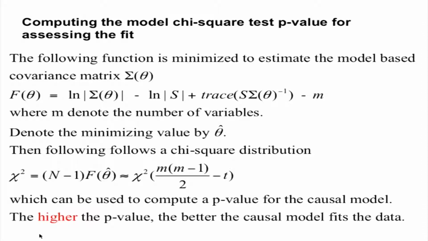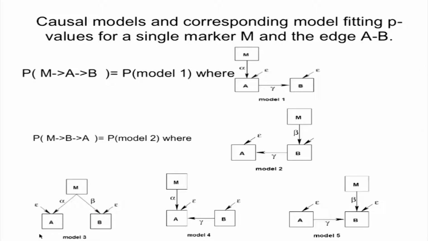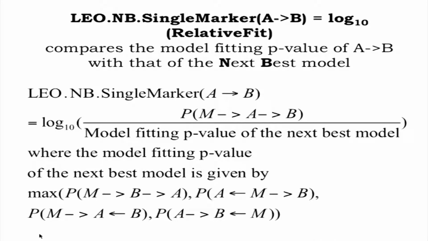As I mentioned, we have these different causal models, model 1 through 5, and for every model you get a p-value. In principle, if you want to decide which of these causal situations applies, you just pick the one that leads to the highest p-value. It's a very simple exercise. Now, in practice, when you have thousands of genes, looking at all the p-values is a bit tricky.